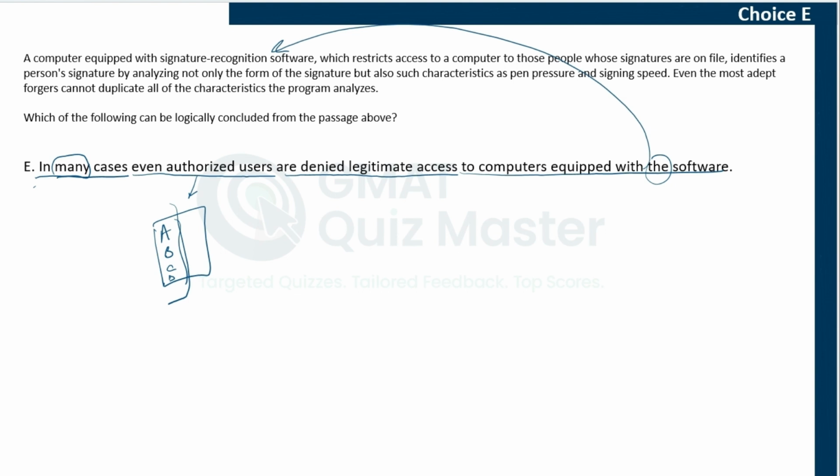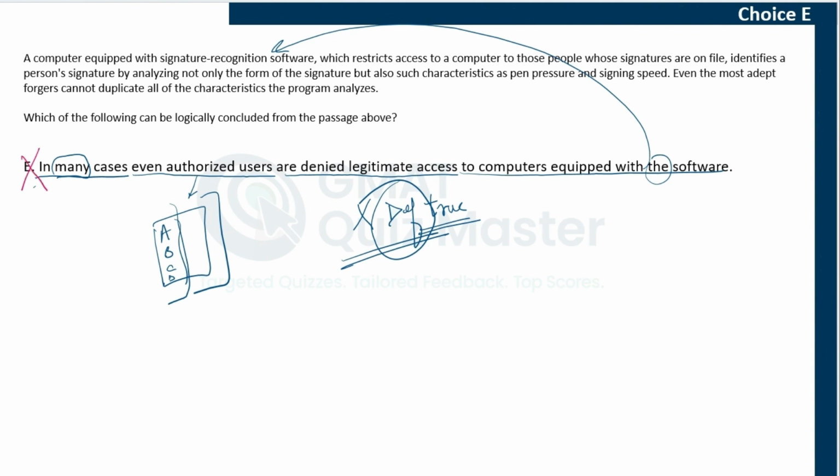Now, it may be possible, but the passage does not tell us anything about it. The passage does not tell us that even the authorized users are denied access. So we cannot infer it. This is not something that is definitely true as per the passage. It is a possibility, but the passage does not confirm it. Because it is just a possibility, it cannot be definitely true, and that is why it is incorrect.